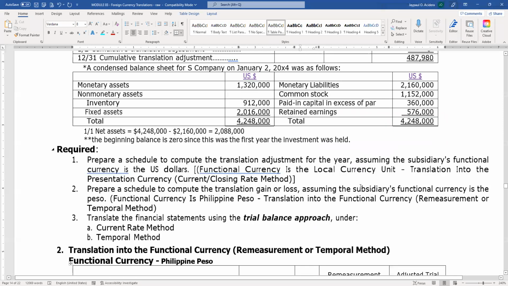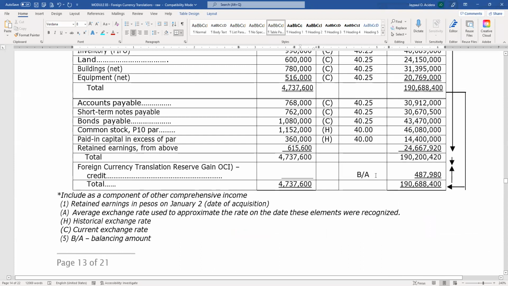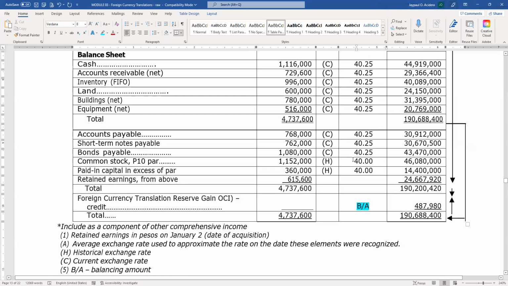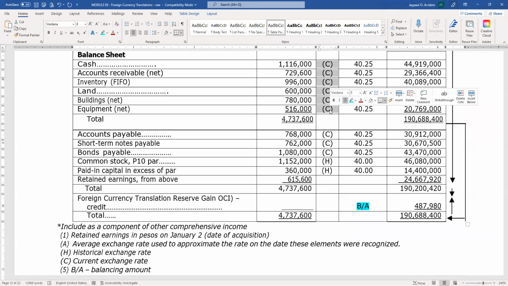Sir, ano yung BA? What's BA? BA, that's the balancing amount. Okay, the balancing amount. Because class, we are using different rates. That's why when we get the total or when we convert it into pesos, hindi magiging balance yung balance sheet natin.